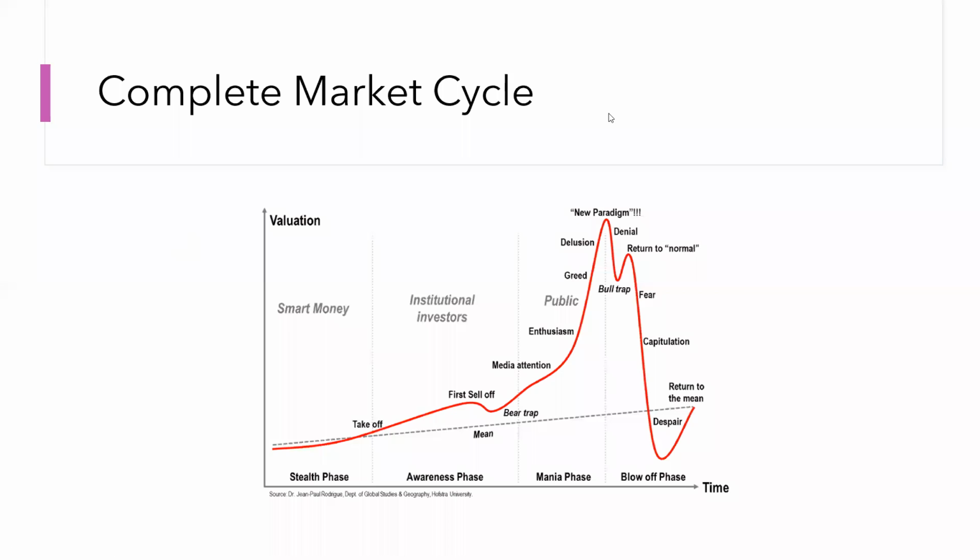All right, I'm seeing that many people are typing bull trap, return to mean, fear, Nifty downside. So many people are going for a bull trap and return to mean.